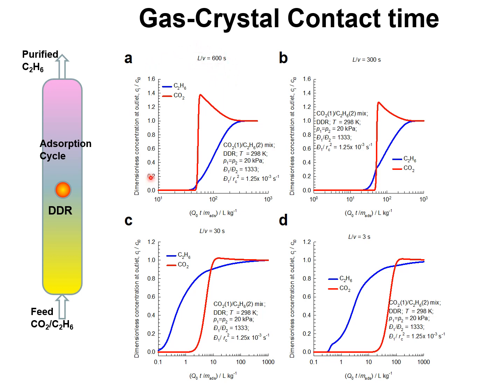And in scenario A, I have L, which is the length of the fixed bed divided by the interstitial gas velocity, equals 600 seconds, which is the contact time, average contact time. In this case, the contact time is 300 seconds. This is 30 seconds, and it's 3 seconds. So with increasing superficial gas velocities and increasing interstitial gas velocities, we have decreasing contact times.